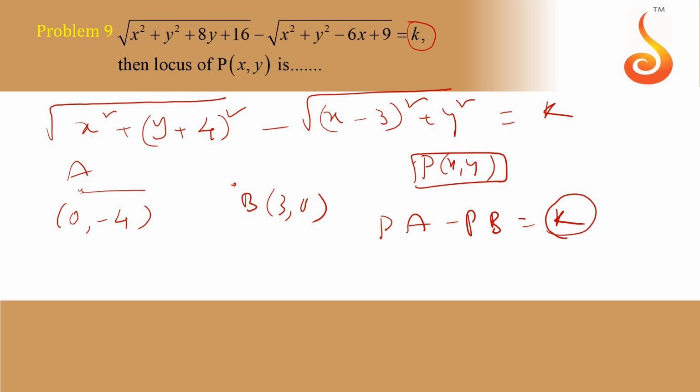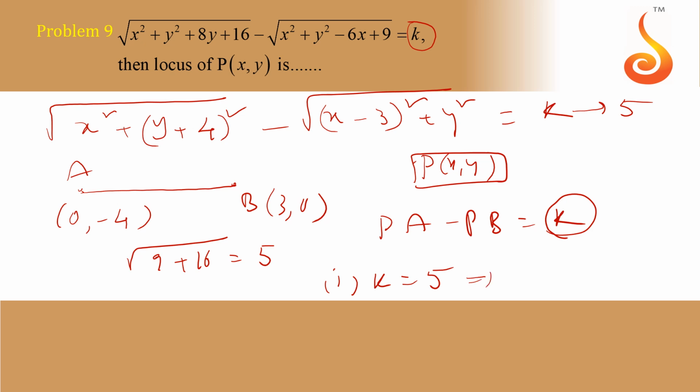So what is the distance between AB? Under root of 9 plus 16, which is 5. So case 1, if k equal to 5, what will happen? The difference between PA and PB is 5. I did not use modulus in the question.